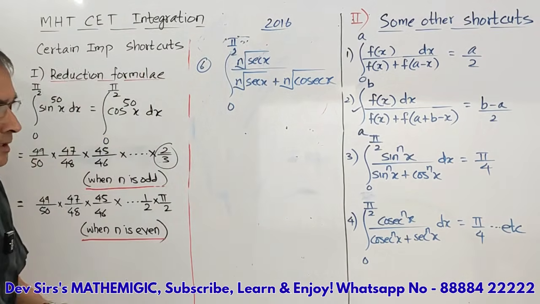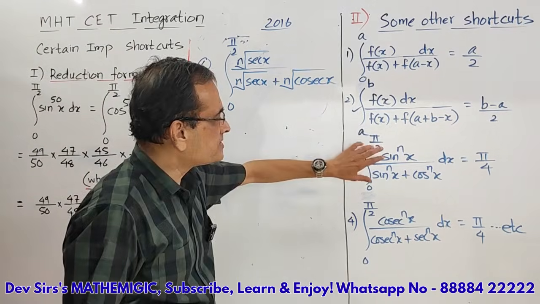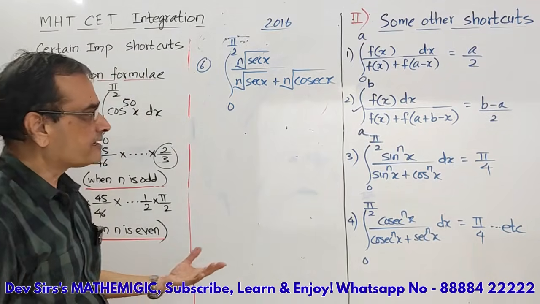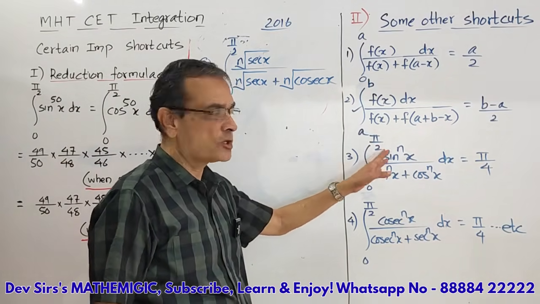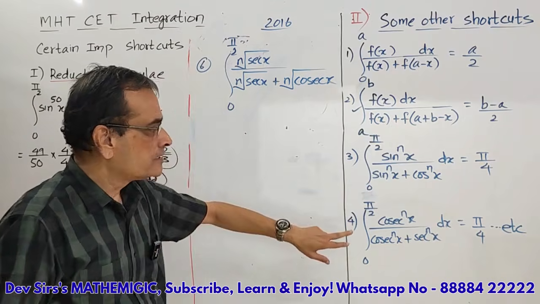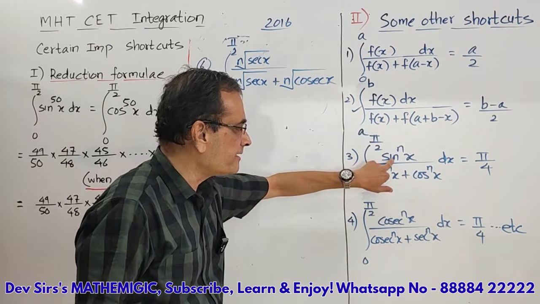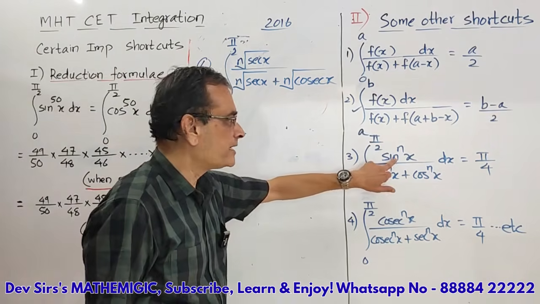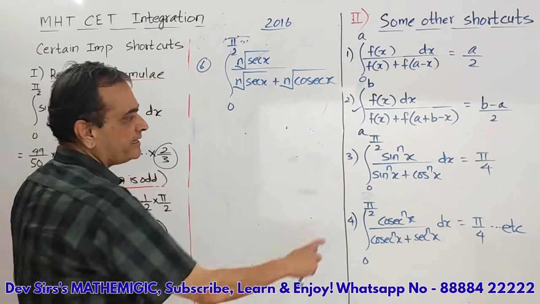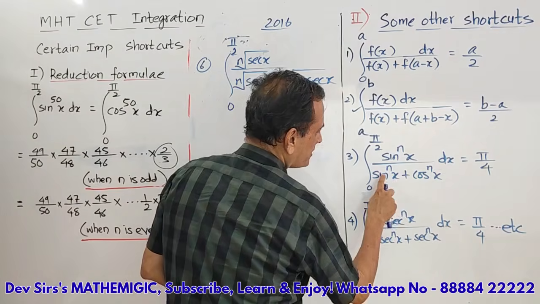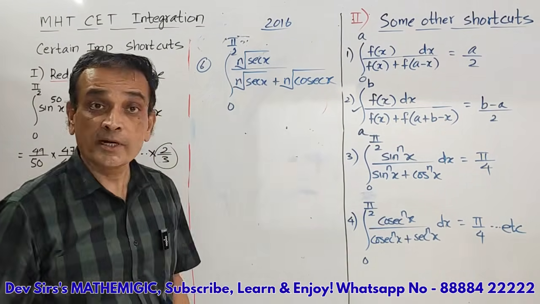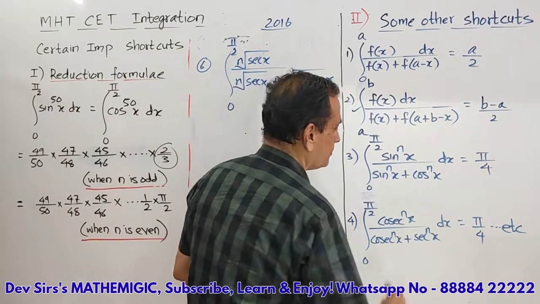Now it is again 0 to, this property is similar to this, but it naturally consists of angles because trigonometric functions are there. So if it is sine, instead of sine you can get cosec, instead of sine you can get cos, but if you get sine here and in the denominator you have sine plus cos, n can be anything, but it should be 0 to pi by 2.